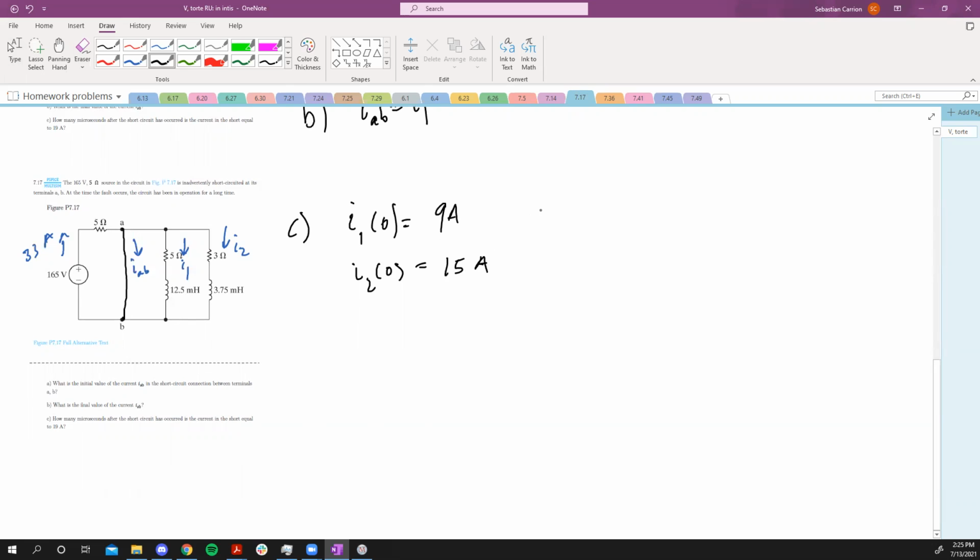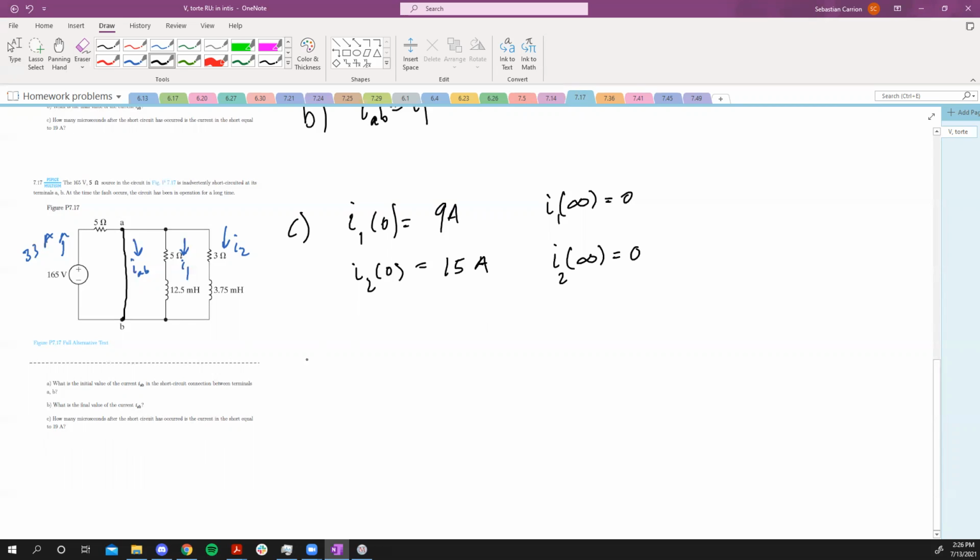For both at infinity, it'd be equal to 0. So how many microseconds after the short circuit has occurred is the current in the short circuit equal to 19?